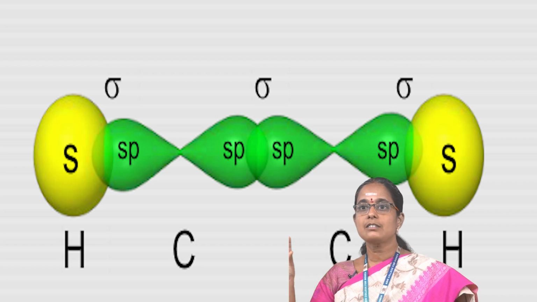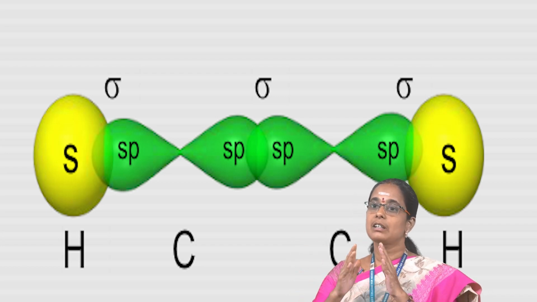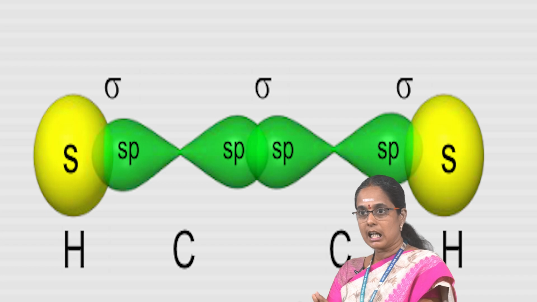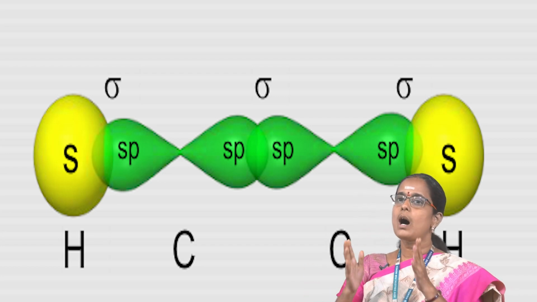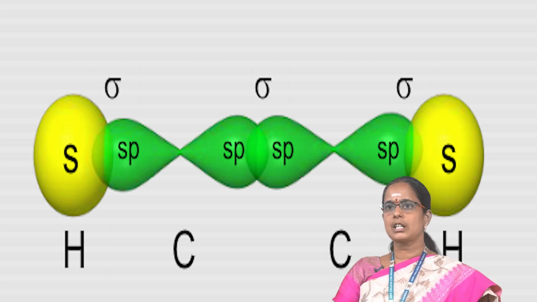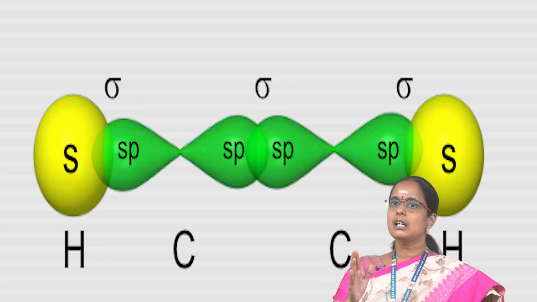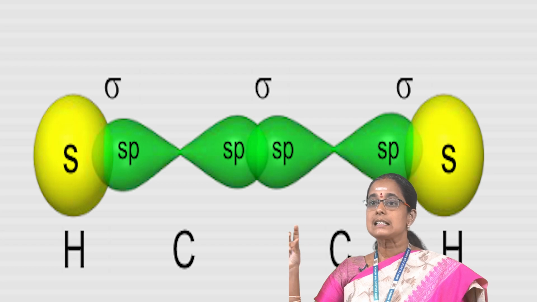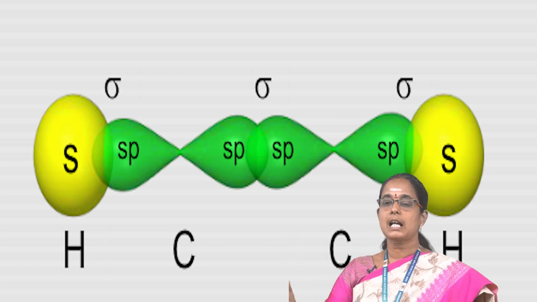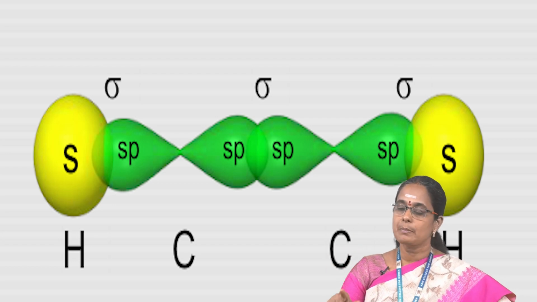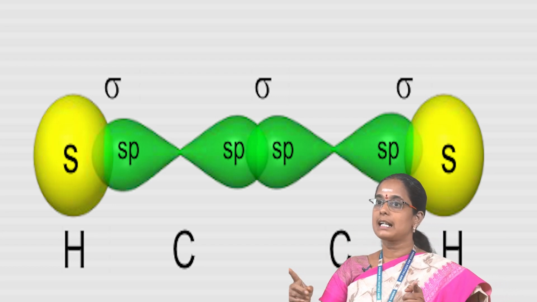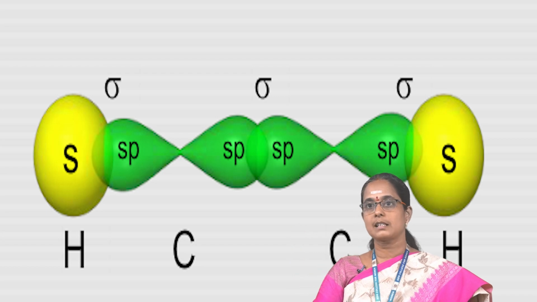The hybridized new orbitals will have equal energy, identical shape and are symmetrically placed in space. What are the conditions for hybridization? The orbitals of an isolated single atom only can undergo hybridization. The hybridizing orbitals must differ only slightly in energy.